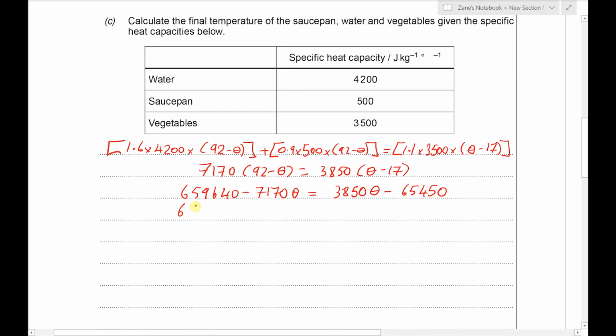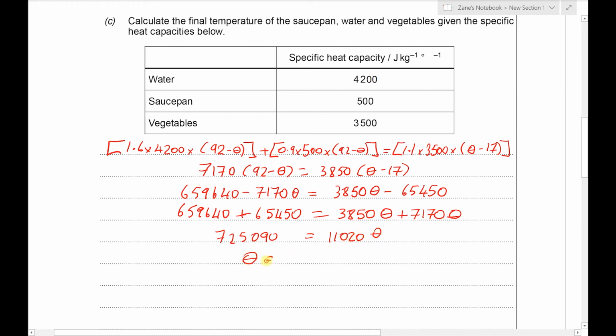So we're going to have 659,640 plus 65,450 equals 3850 theta plus 7170 theta. The left hand side will give us 725,090 and the right hand side 11,020 theta.